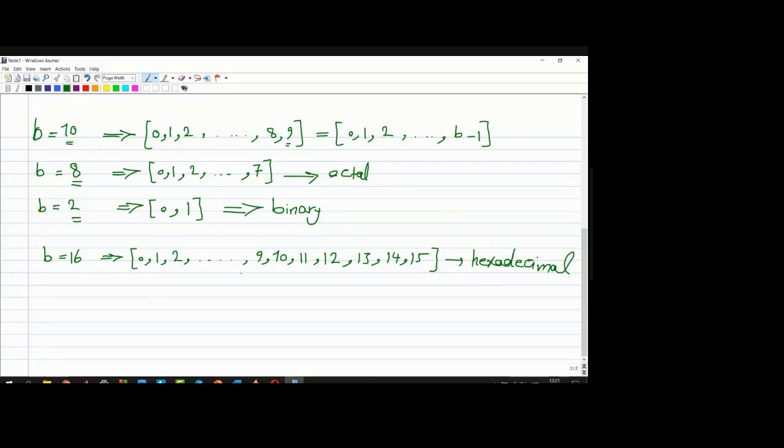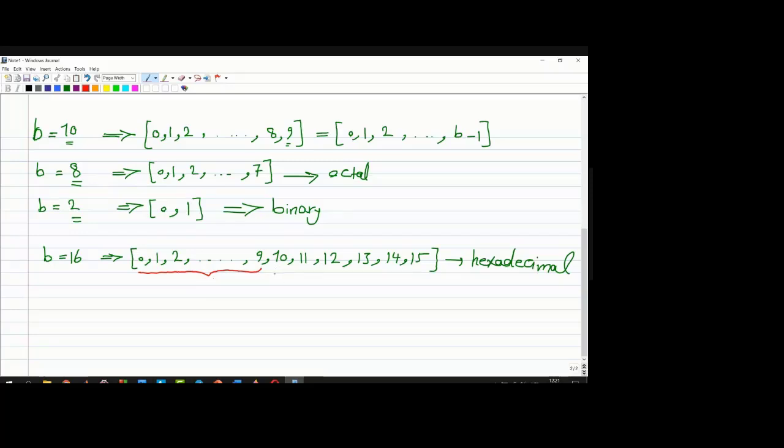Please notice this matter. In the case of hexadecimal, from 0 up to 9, we represent these numbers, which come from the decimal number base.